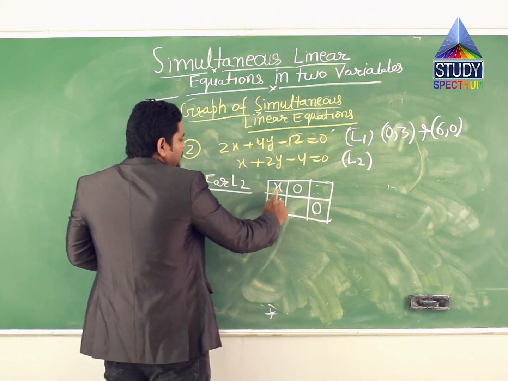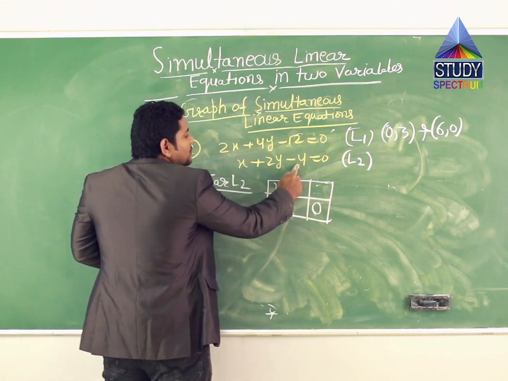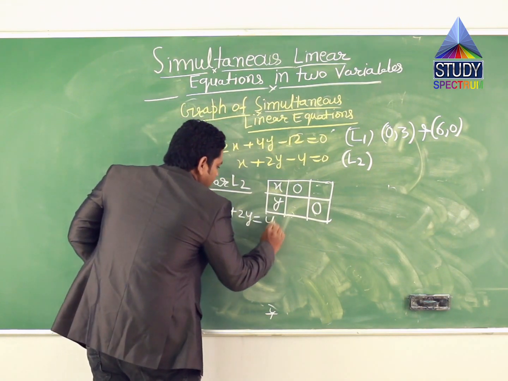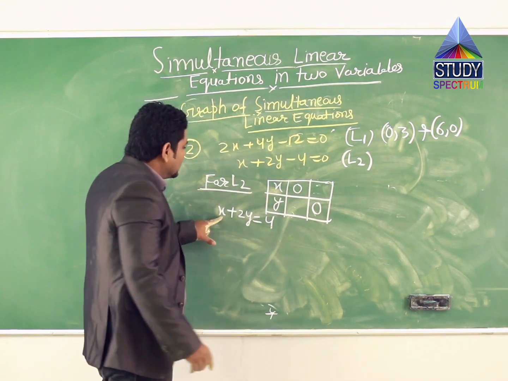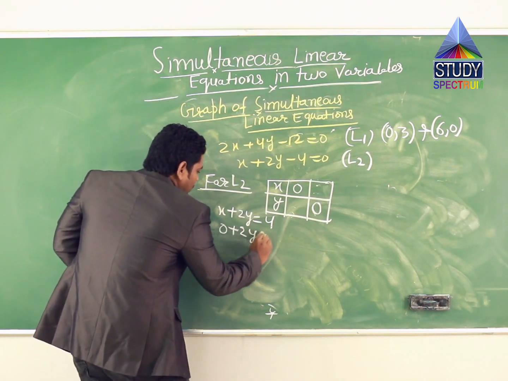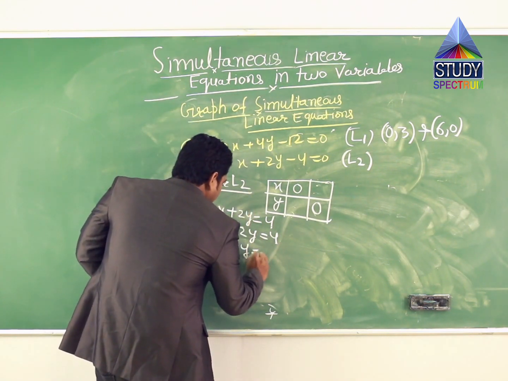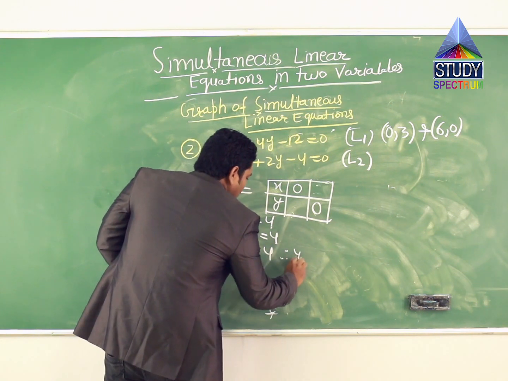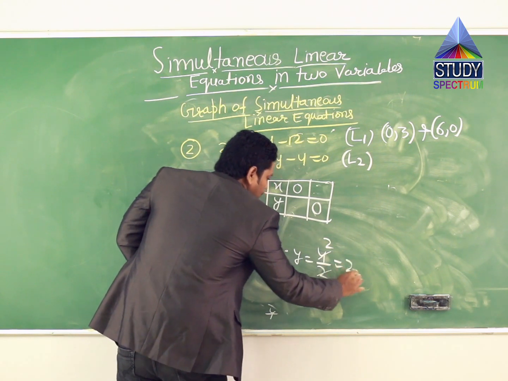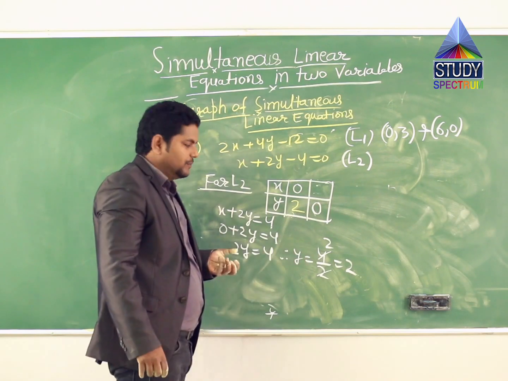The second line is x plus 2y minus 4 equals 0, so on the right hand side it will become plus 4. Substituting x equal to 0, 0 plus 2y is 2y equals 4. Therefore y equals 4 by 2, which is 2. So when x equals 0, y is 2.